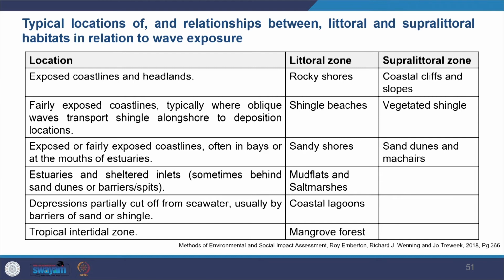And then fairly exposed coastlines: you would see shingle beaches, and in the supralittoral zone you have vegetated shingles. Then when you look at the exposed or fairly exposed coastlines in the bays or the mouths of the estuaries, you would find sandy shores, and then you would also see sand dunes and mud shores in the supralittoral zone.